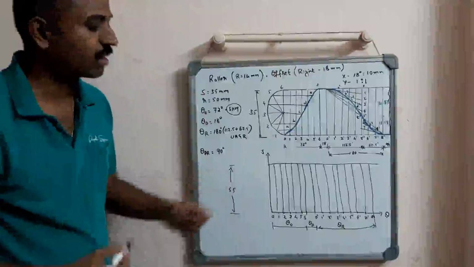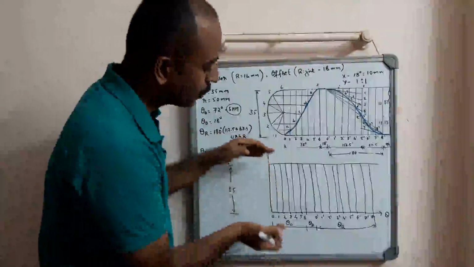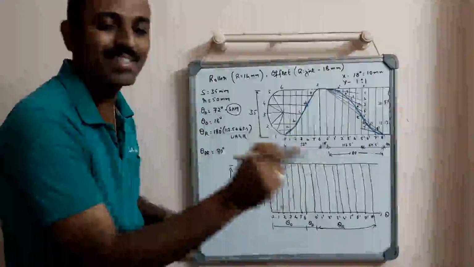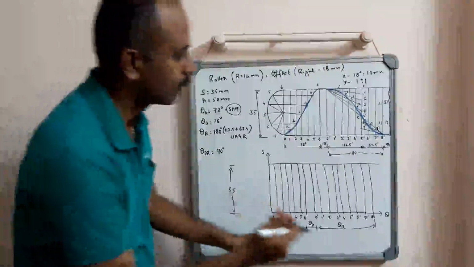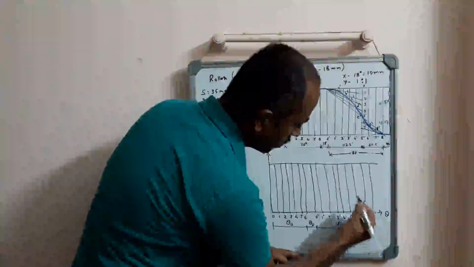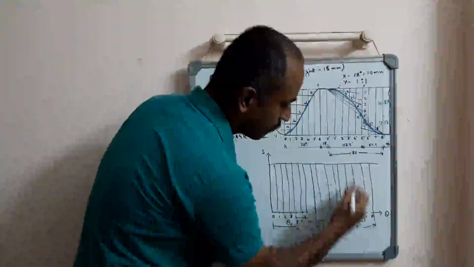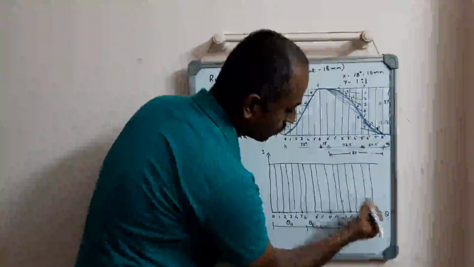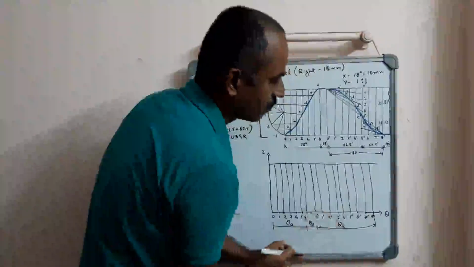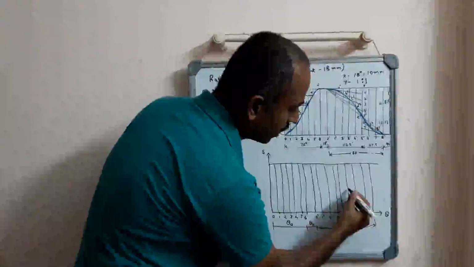As we have seen earlier, we need to divide this 35 mm in the same ratio, so divide this vertical 35 mm into 8 equal parts.